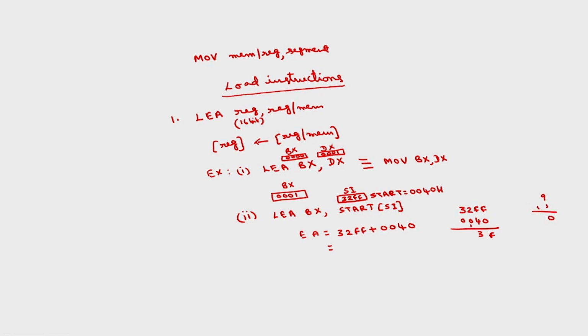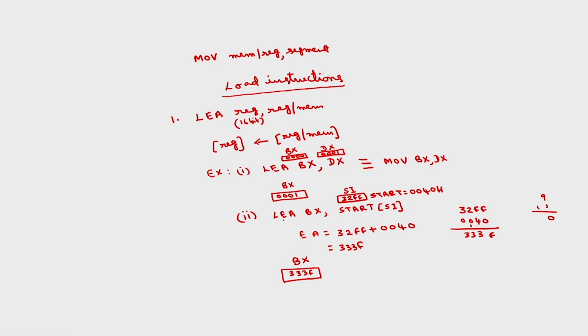Here F is 15, the maximum number, so F plus 1 becomes 10. So, 333F. After the execution of this instruction, BX will be loaded with 333F, directly the effective address.